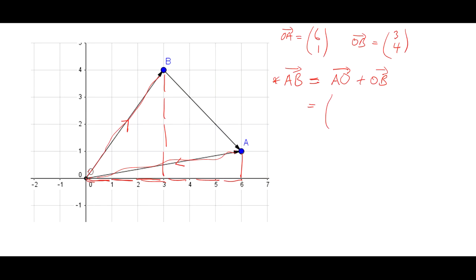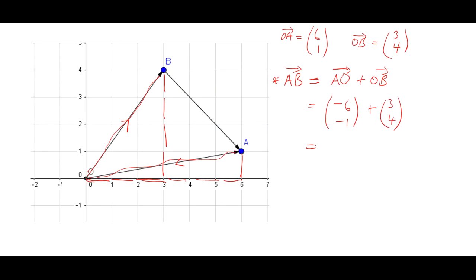Seems straightforward enough, right? Now what is the vector AO? Remember in the last slide what I showed you, OA is 6, 1. Therefore AO will be minus 6, minus 1, because AO is in the opposite direction of OA, plus OB, which is 3, 4, right?